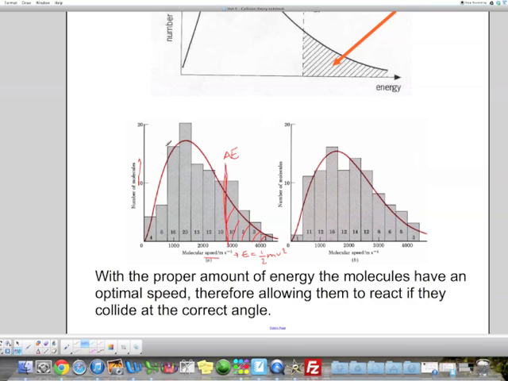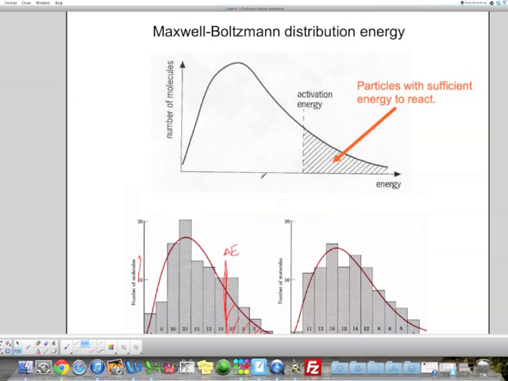If you look at a graph like this, the way it's distributed, they basically drew a curve on top of the bars that you had. You have something similar over here, and they did show the activation energy. All these particles here that have more speed or more energy are more likely to react.